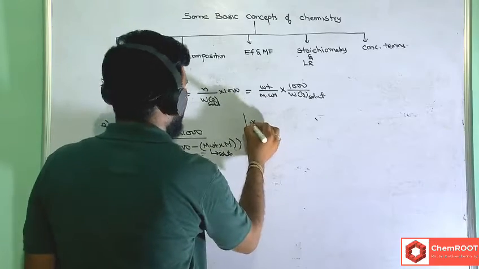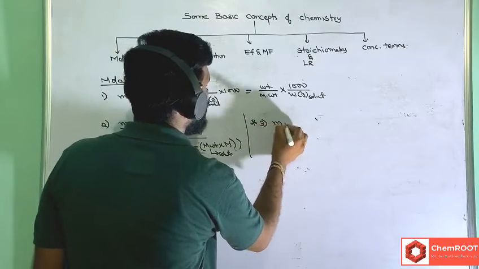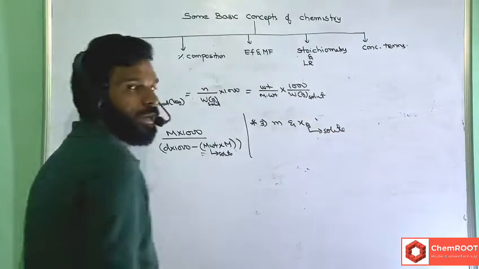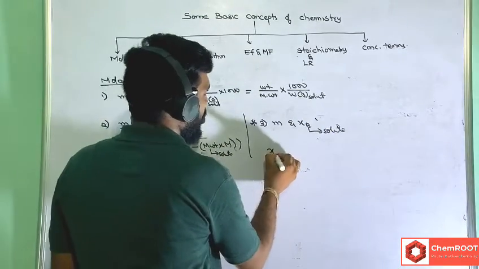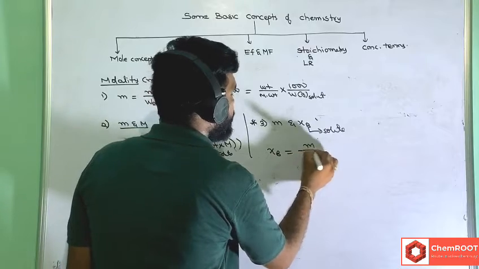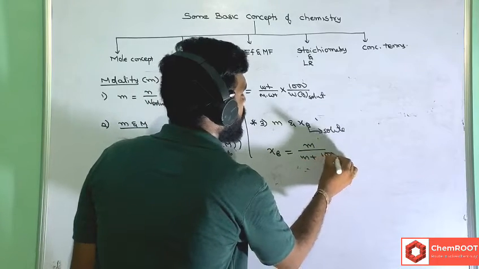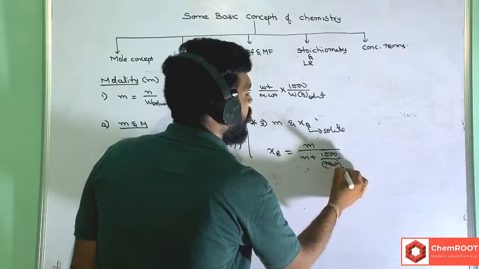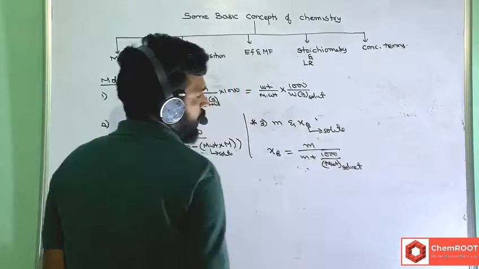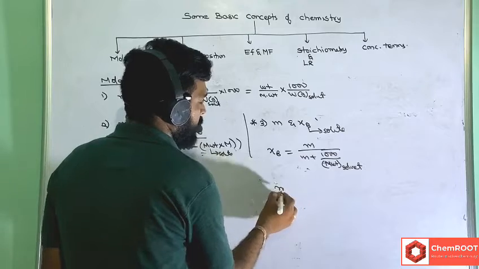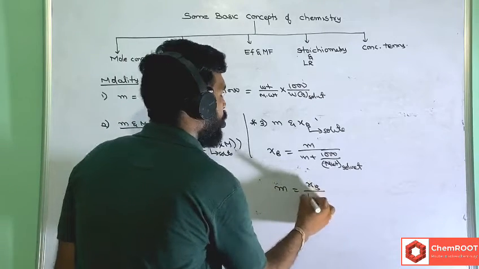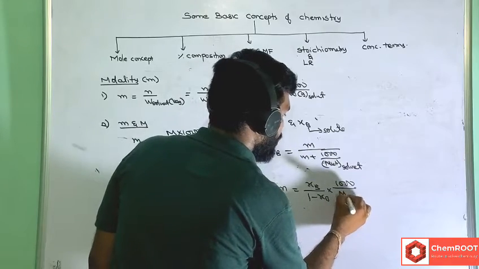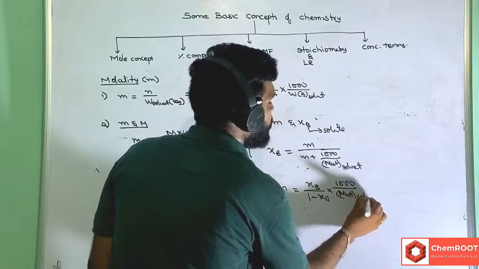Same way, another important one, molality and mole fraction of solute. So XB we can find as m by m plus 1000 by molecular weight of solvent. Water means 18. Or if you want to find molality, it is XB by 1 minus XB into 1000 by molecular weight of solvent.